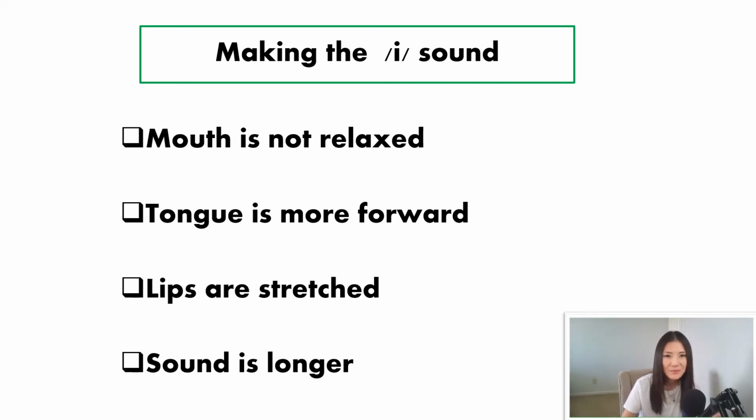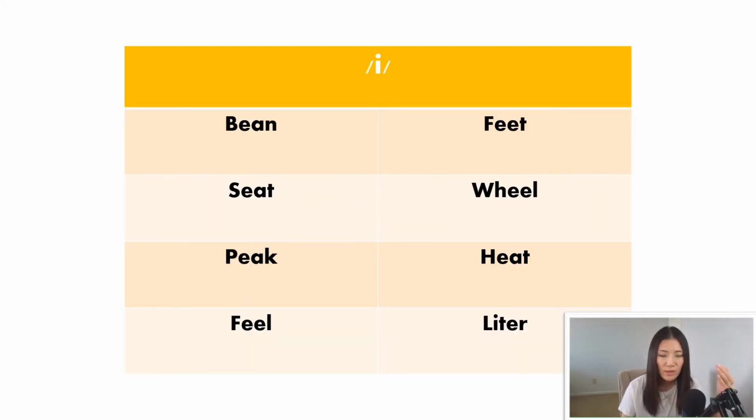E. Here's a list of words with the E sound. And you would notice that these are the exact same words from our first list, except I've changed all the vowel sounds from I to E. So instead of bin, it's bean. I'm going to read from top to bottom, and please repeat after me.